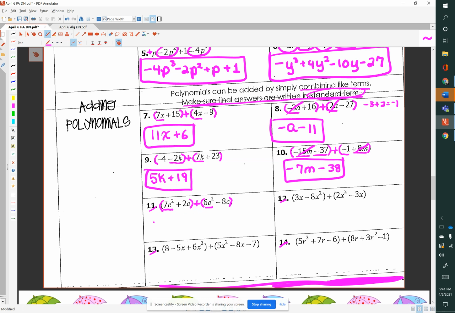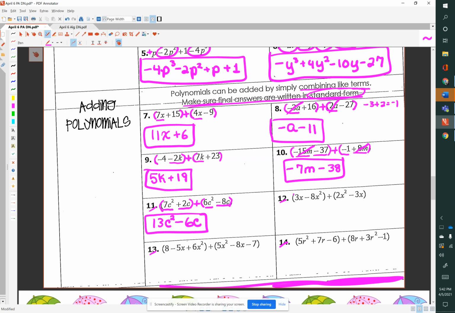So 7 plus 6 is 13, and the quantity is c squared. We're just combining like terms. We don't do anything with the exponents when we add and subtract. And then for our c terms, we have positive 2 minus 8, which is negative 6c. We didn't change the c's. We only combined like terms.